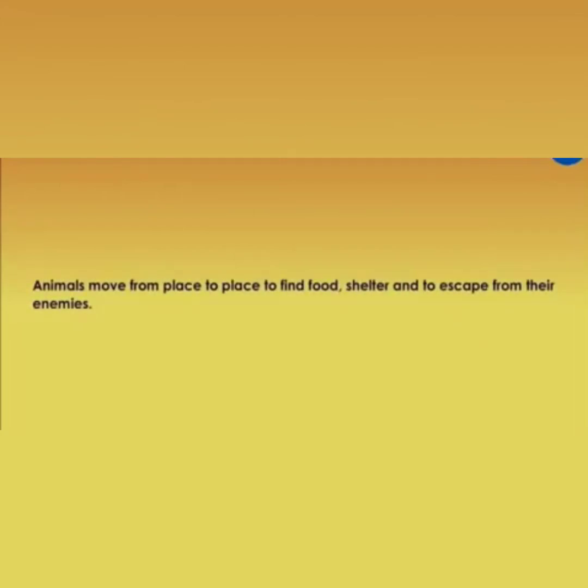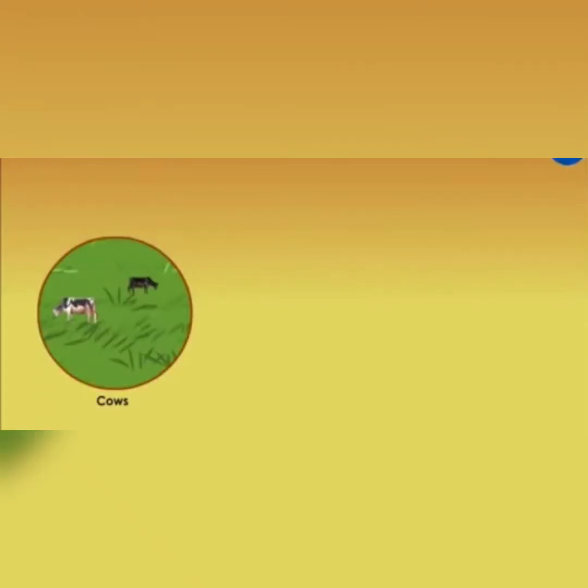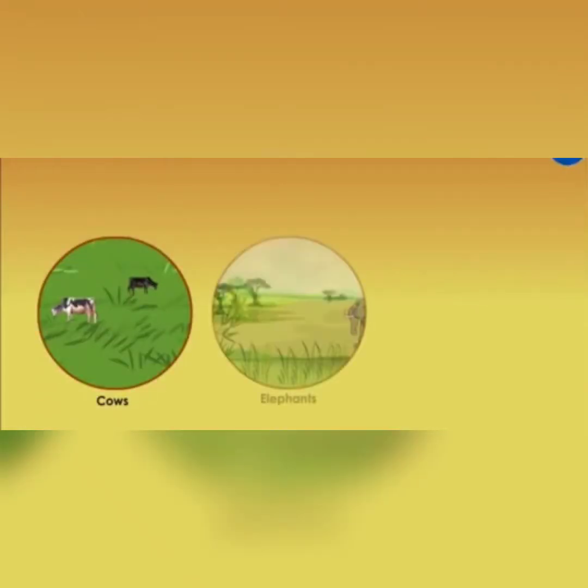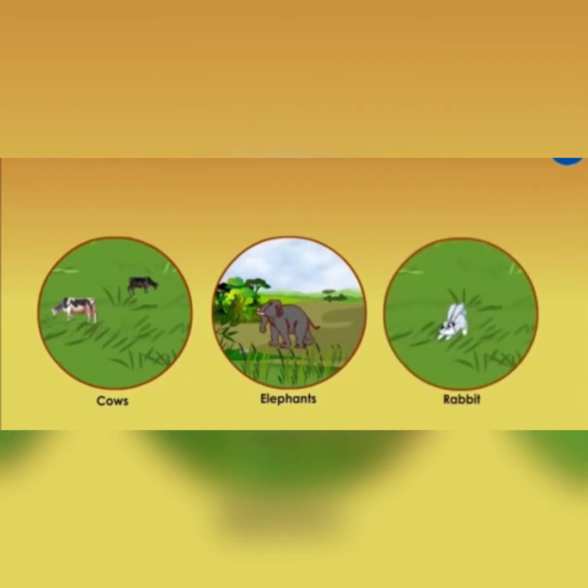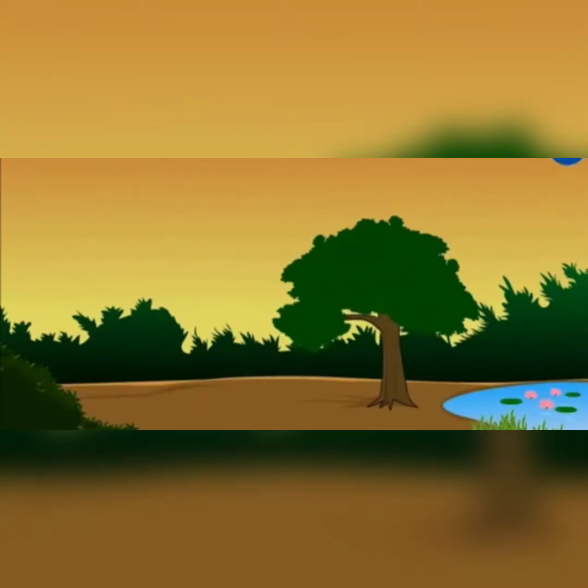Here you can see cows grazing, elephants foraging for food, and a rabbit escaping from its enemy. All plants remain fixed in the soil at one place except some free floating plants. Plants also show movements in their parts.